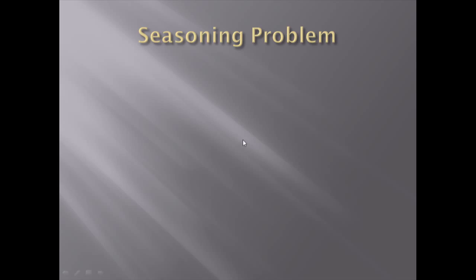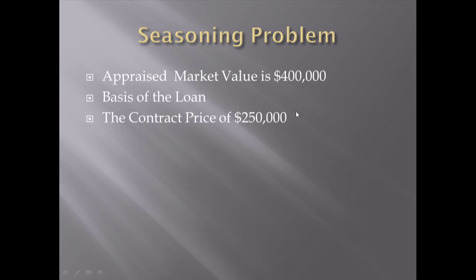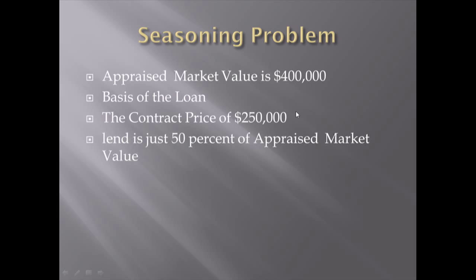Okay. Seasoning is an extreme problem that investors face. With a 71% lend, there's 200 grand of equity in the property which the investor is unable to drag out.